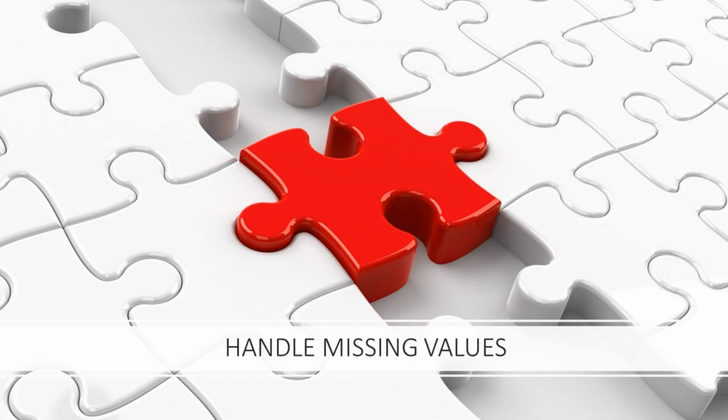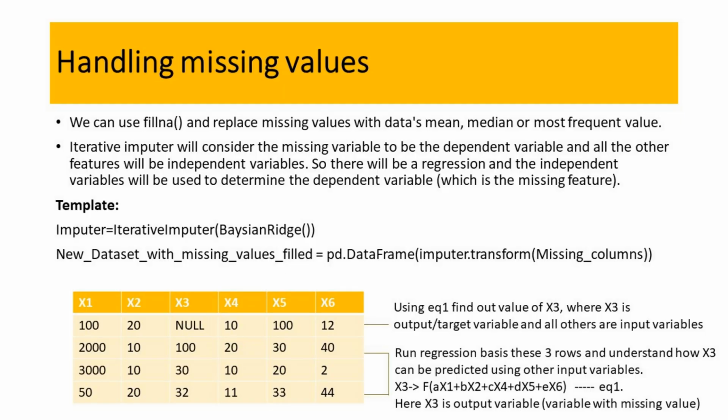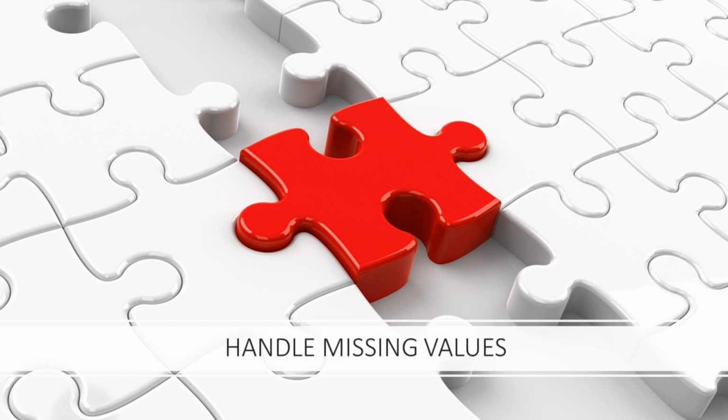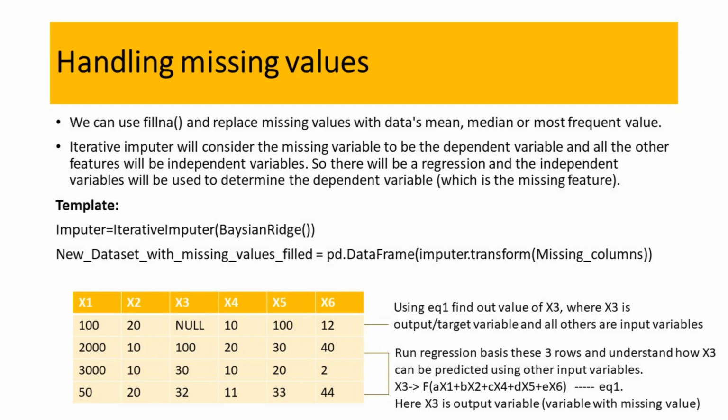Then another thing that we have used in the code at Kaggle is the iterative imputer. What it will do is, I will give you a simple example. For example, these 3 rows at the bottom right on the slide that you see.